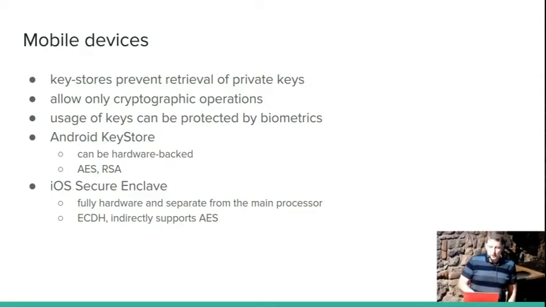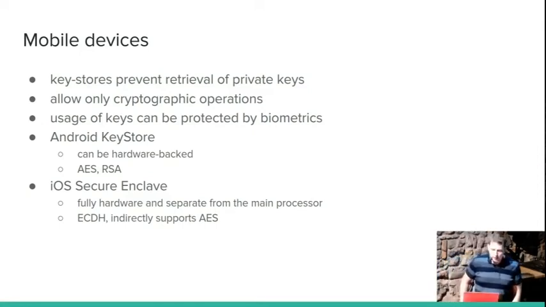And on iOS is where it starts, where it's again a little bit more interesting, because they use a fully separate and dedicated chip on their hardware where all this happens. And they claim that even if you are able to root the system or basically compromise the kernel, you shouldn't be able to access the keys at all, because they are in that specific hardware.